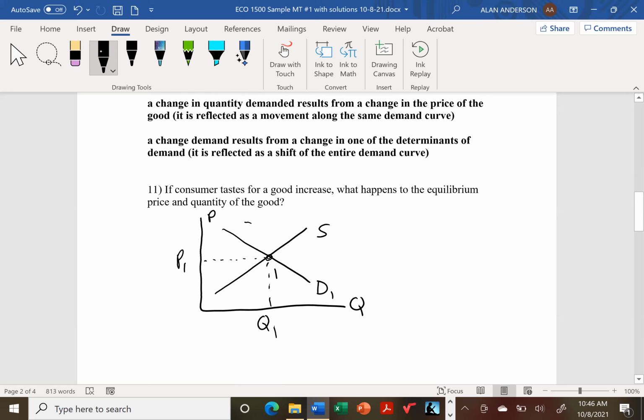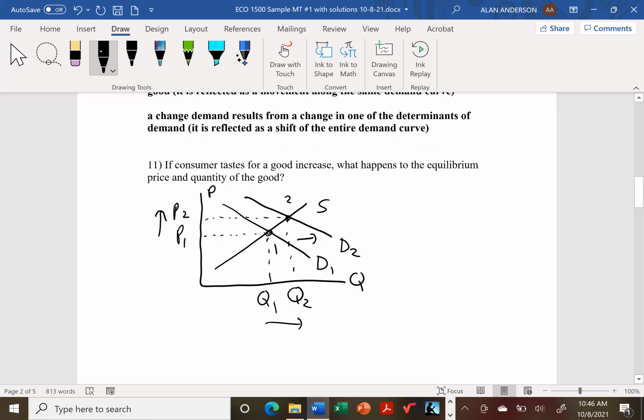I'll call that 1. So you can see what's happening because the demand increases, both the price and the quantity go up. All right, so in other words, for this one, you didn't have to draw the picture, but you can if you want to, just to help remember that both the equilibrium price and quantity increase.